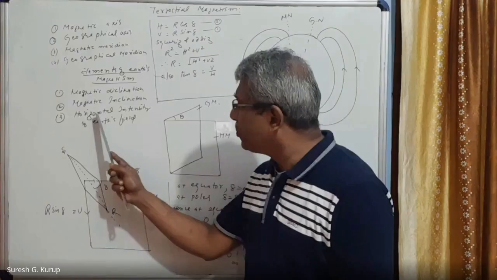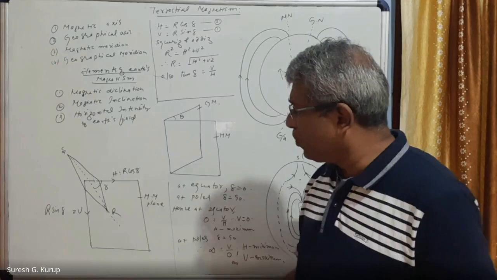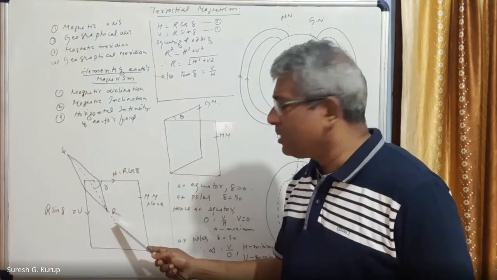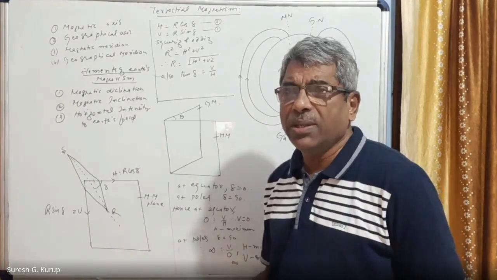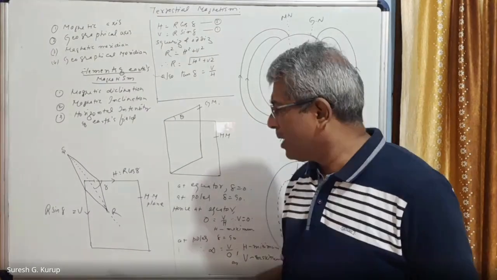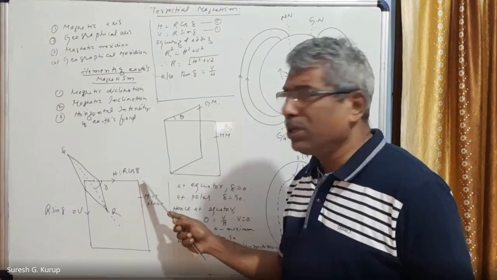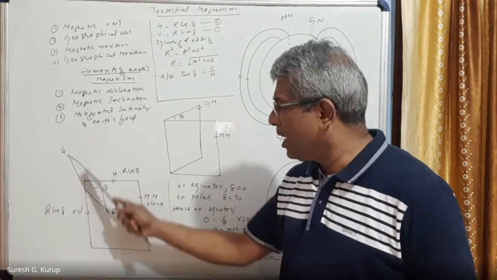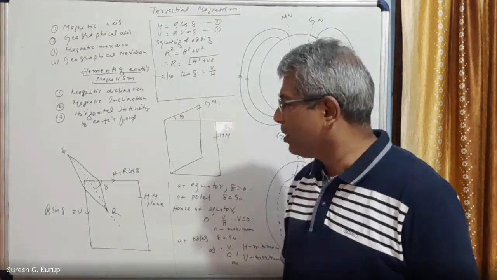Now, what is the horizontal intensity of the field? That is also very simple, because the resultant intensity, in some books it is written as capital R, in some books as capital I. Am I correct? R can be resolved into two components. One is along the horizontal direction, other is along the vertical direction, right?